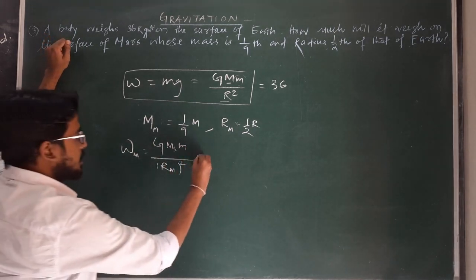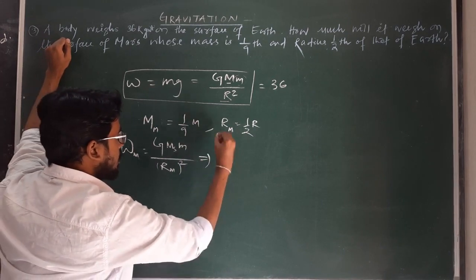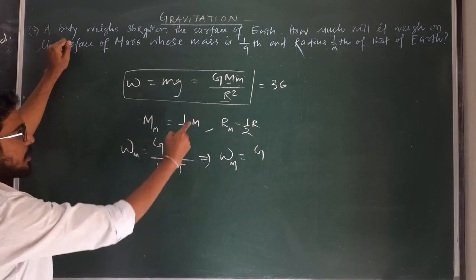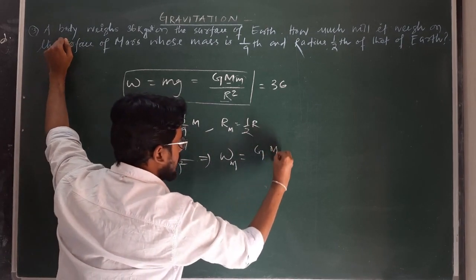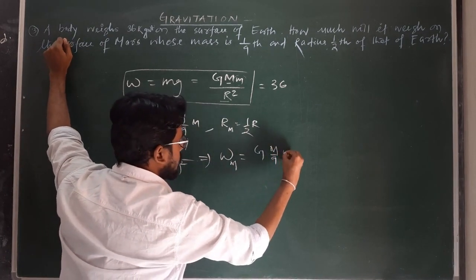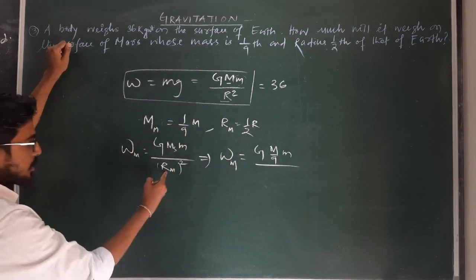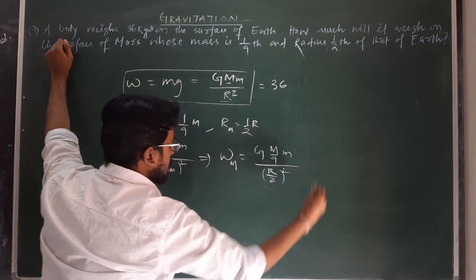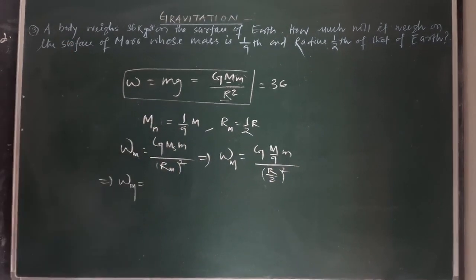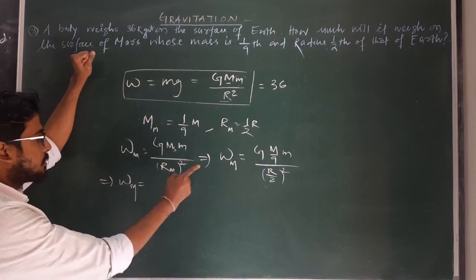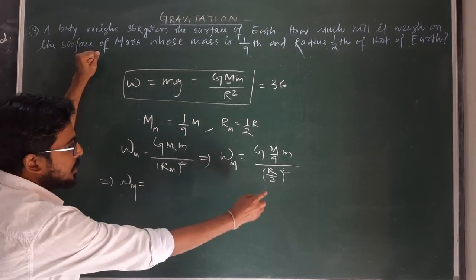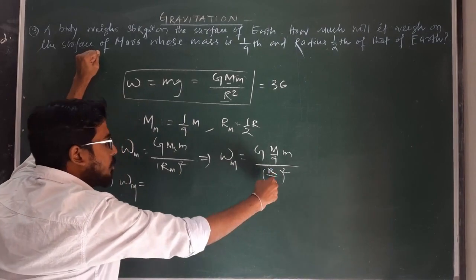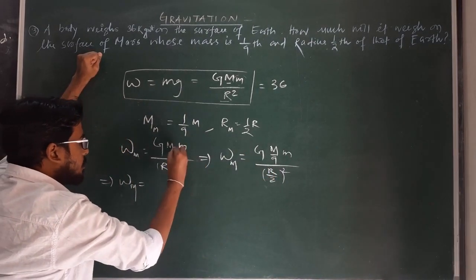Clear? So this implies the weight of the substance on Mars will be how much? G, in place of M Mars I can write M by 9, into m divided by, in place of R Mars I can write r by 2 whole square. So the weight of the substance on Mars will be how much? This can be written as 1 by r square, so it will be r by 2 square, it will become how much?